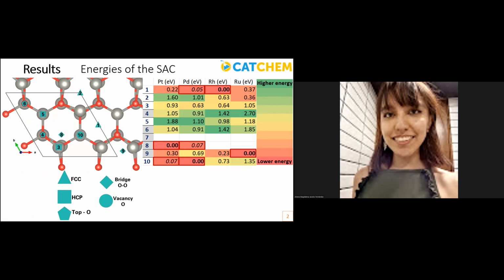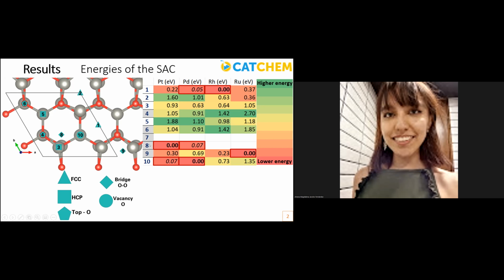In my work, I decided to obtain the surface of zinc oxide with a periodicity of 2x2 with an oxygen vacancy. Here is the oxygen vacancy. And I decided to adsorb different transition metals at points of high symmetry. In my case, they were platinum, palladium, rhodium and ruthenium.